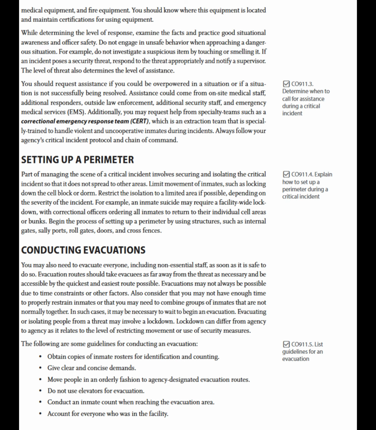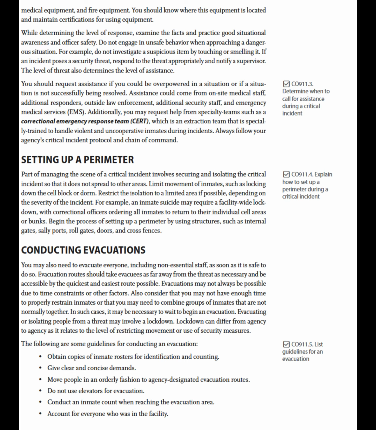Determine when to call for assistance during a critical incident. You should request assistance if you could be overpowered in a situation or if a situation is not successfully being resolved. Assistance could come from on-site medical staff, additional responders, outside law enforcement, additional security staff, and emergency medical services, EMS.